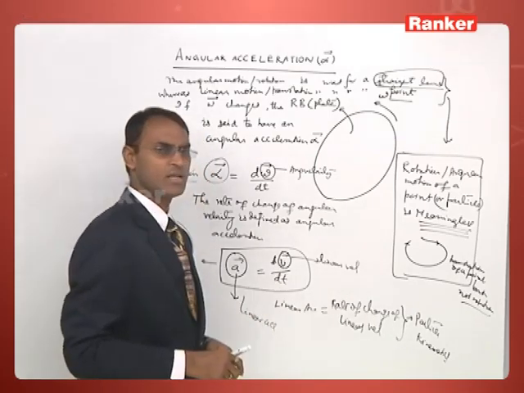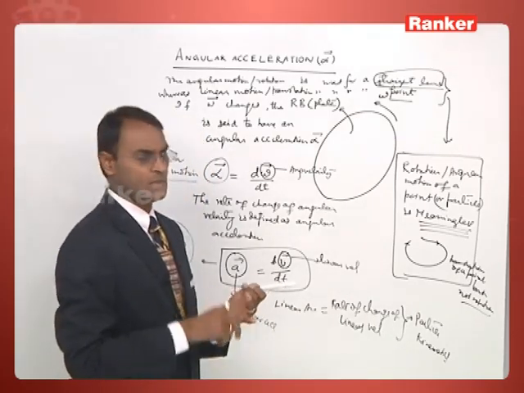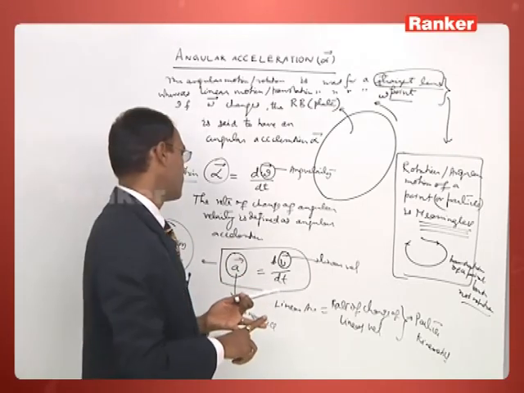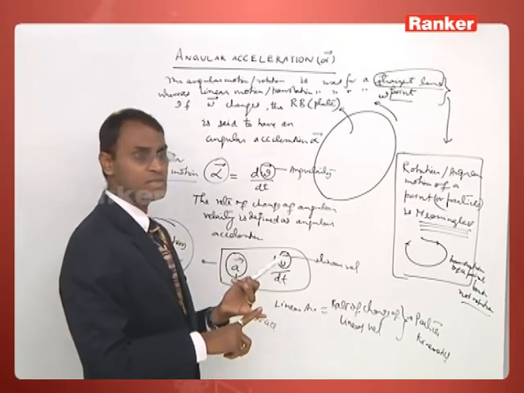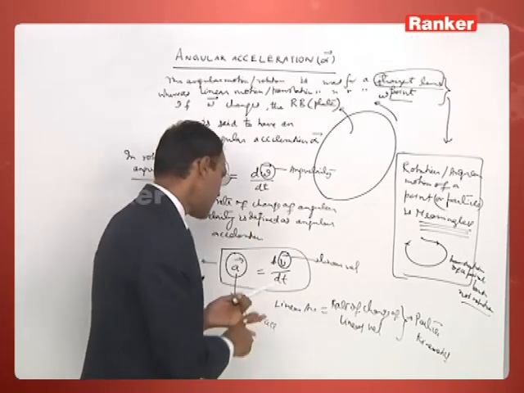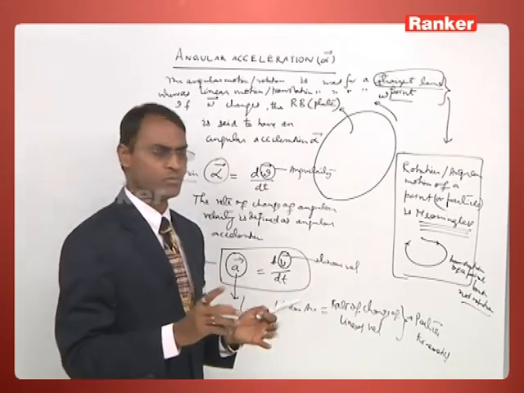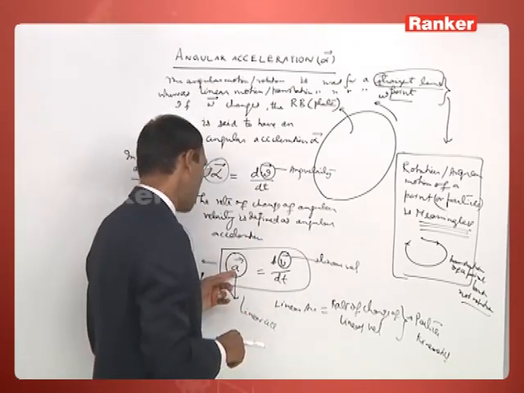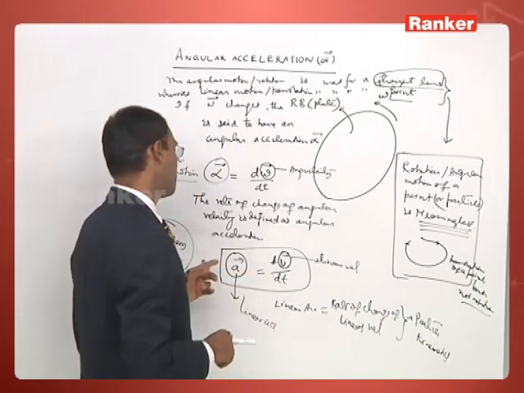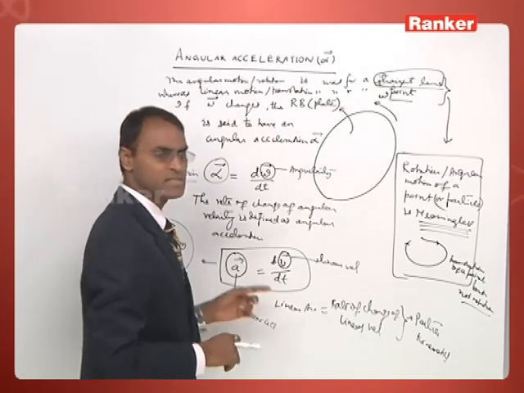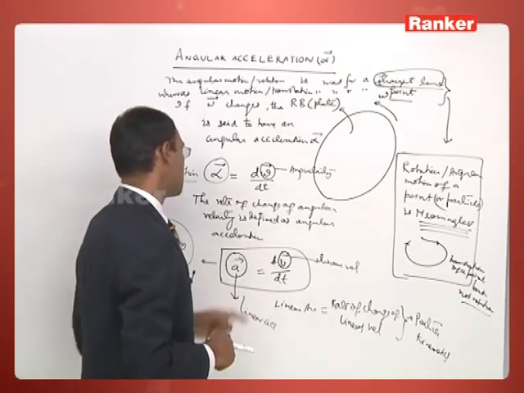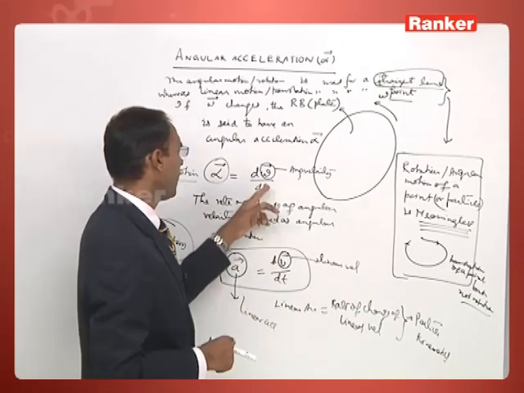Linear velocity is a vector quantity. It has both magnitude and direction. Either its magnitude changes or its direction changes or both. Then only you can say that the particle, or the point mass, or the point has some linear acceleration.